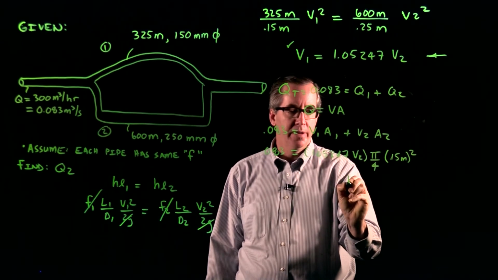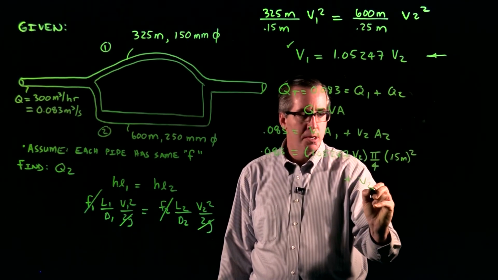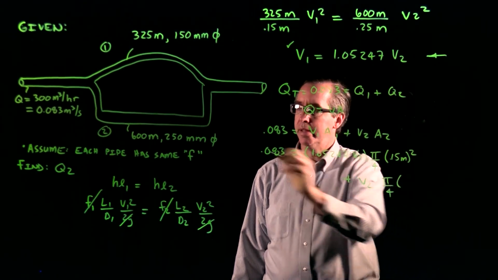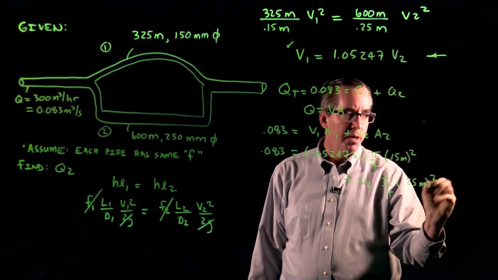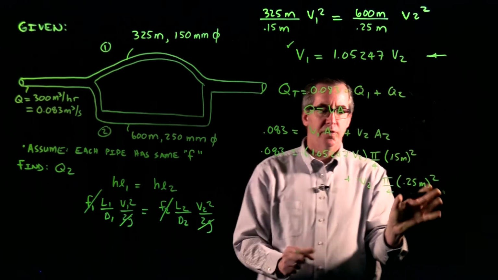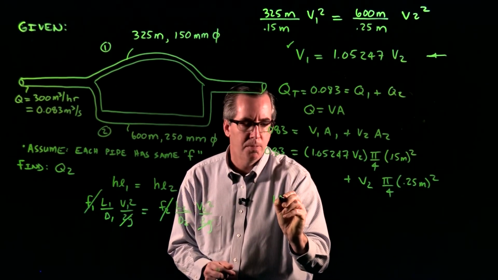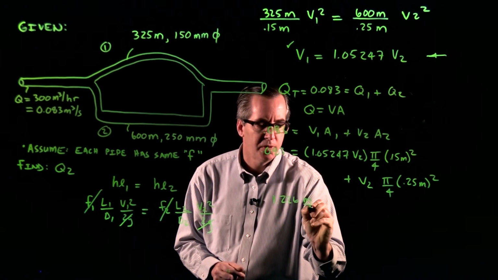We're going to carry this on to the second part here. Then we have V2 times the area of the pipe, which is pi over 4 times 0.25 meters squared. When I take all this and solve for V2, I get that V2 is equal to 1.226 meters per second.